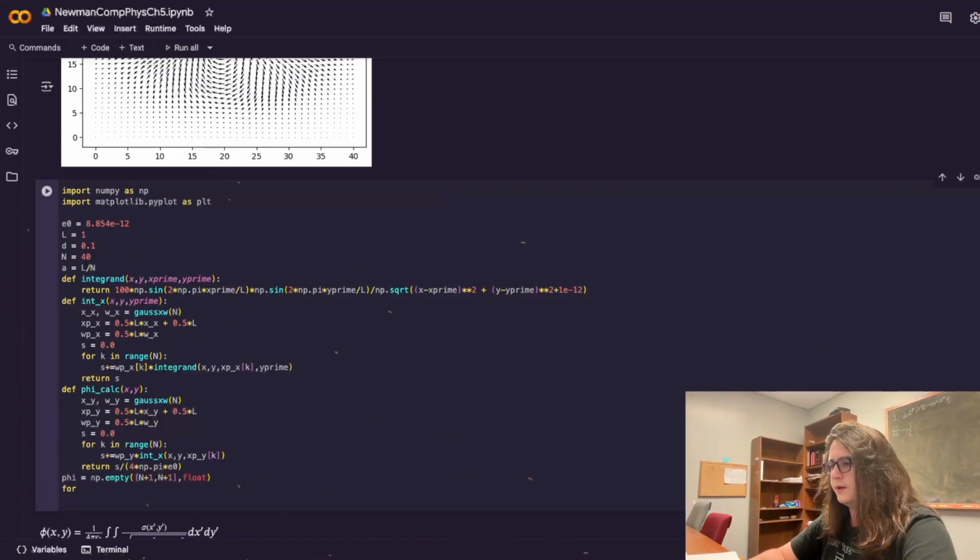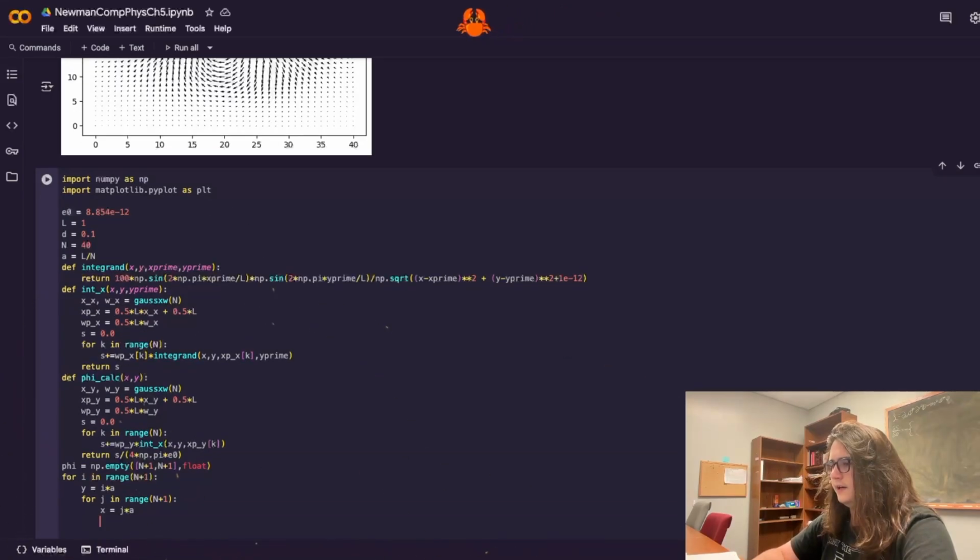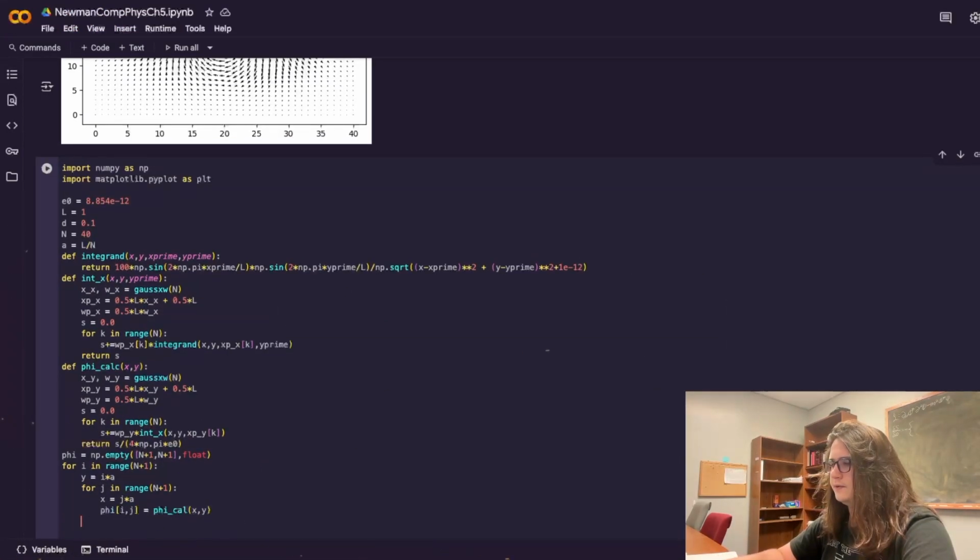Then run for i in range n plus 1, set y equal to i times a, for j in range n plus 1, and then set x equal to j times a, and then you just have your phi index ij be equal to the calculated phi function called x comma y. And then after that, you can do the imshow again.